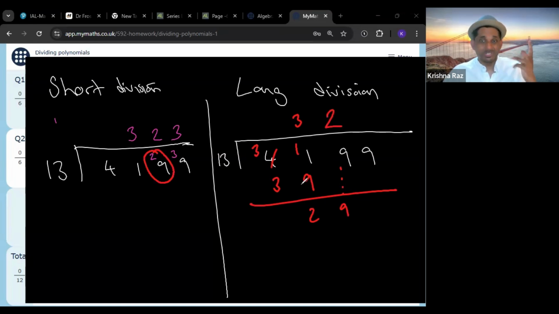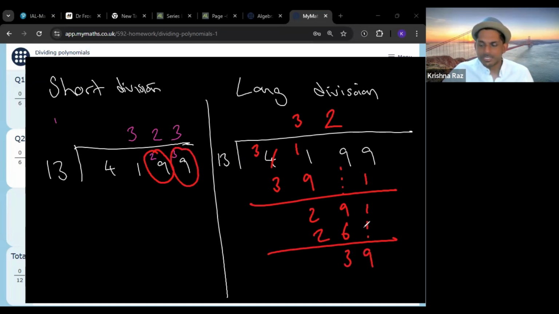And 2 times 13 is 26, which leaves 3 left over. Therefore, how many 13s go into 39? 3. 3 times 13 is 39. Therefore, that goes in exactly. There was no remainder there. So it's this method on the right that we're going to advance with the A level.